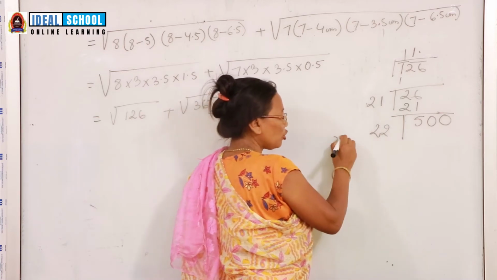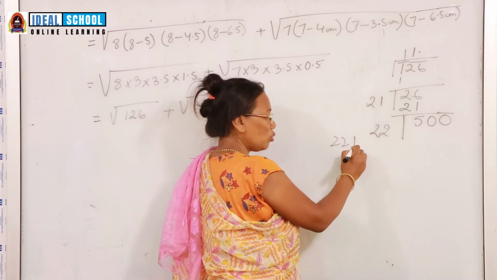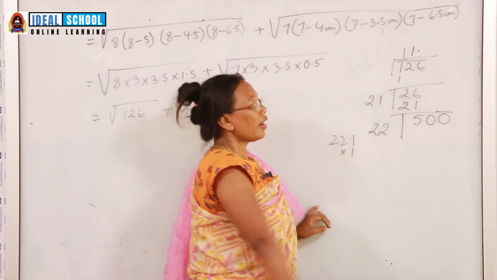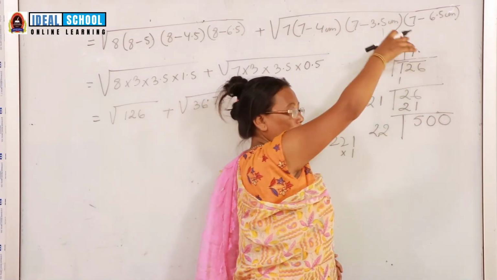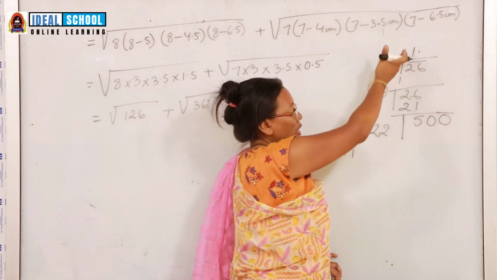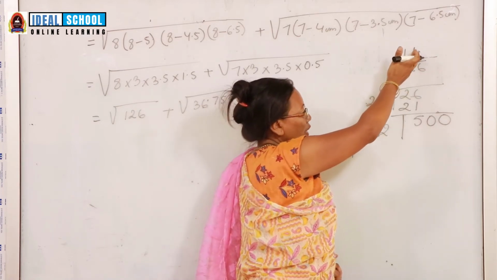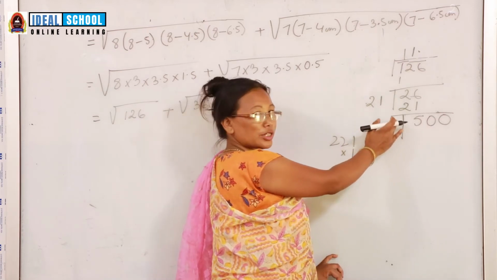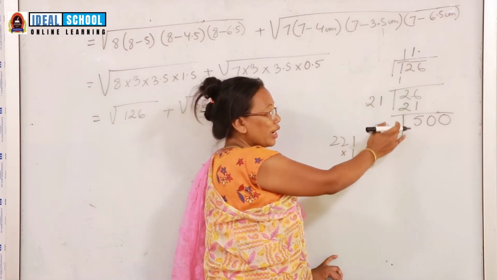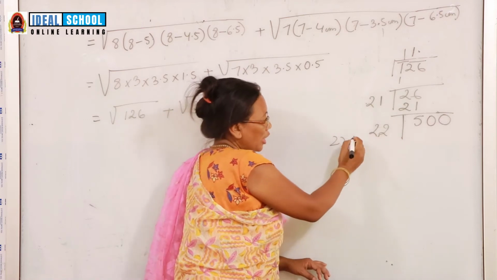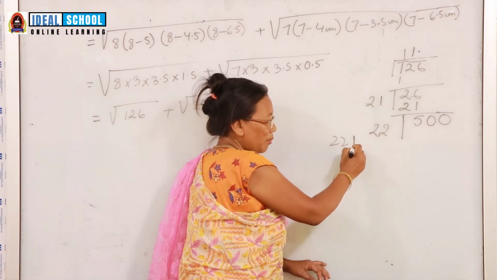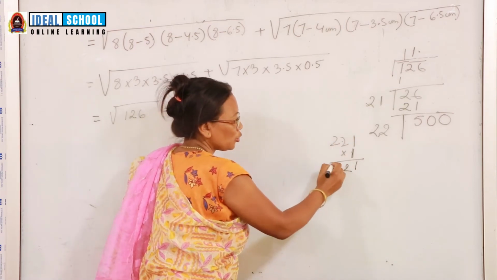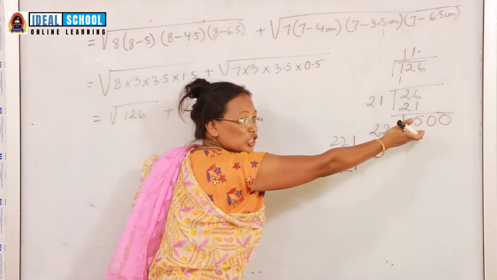If we make 2 and write 1 in the quotient, for every step we need to multiply by 2. That means 2 times 1 is 2. Then we search for a number here. If we write 1 here, we multiply by 1. 1 times 1 is 1, 121, but still very small.